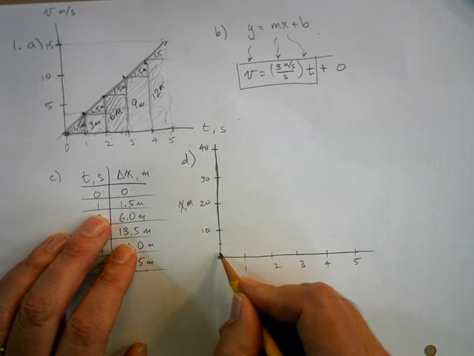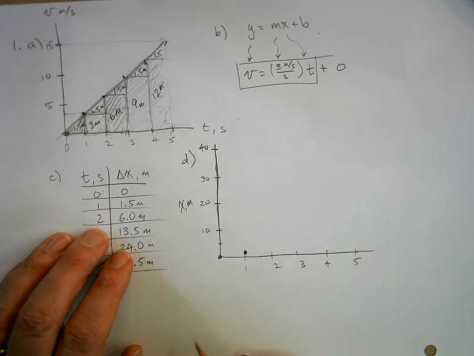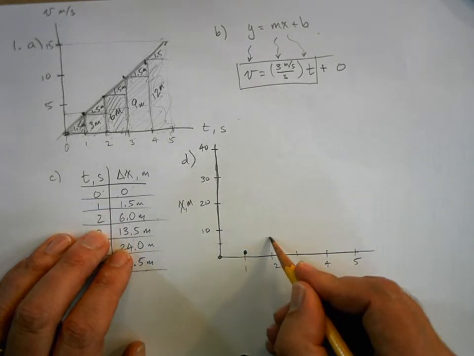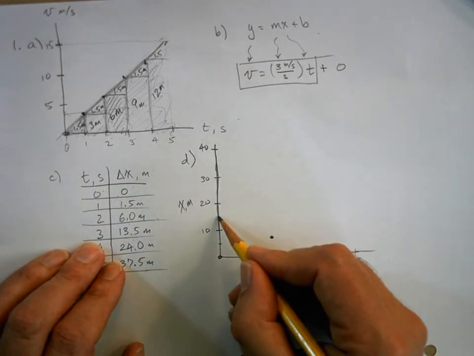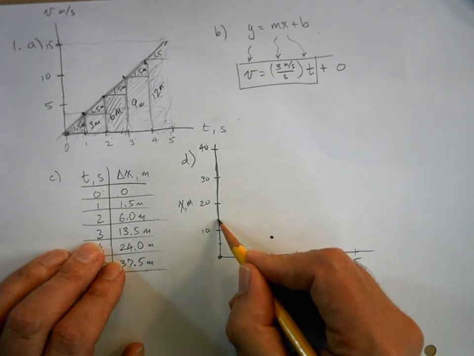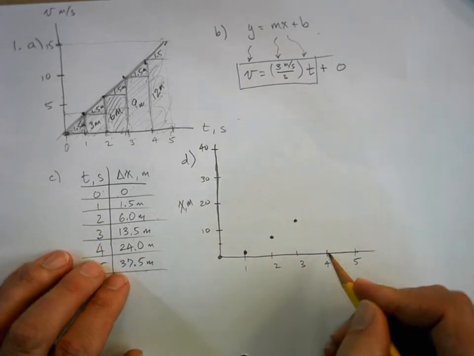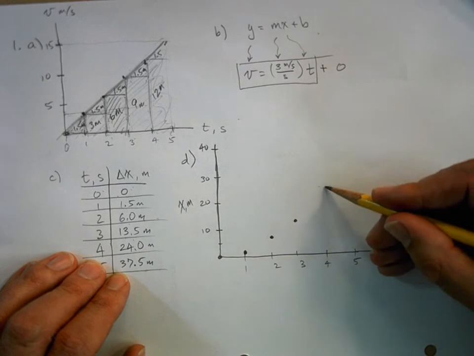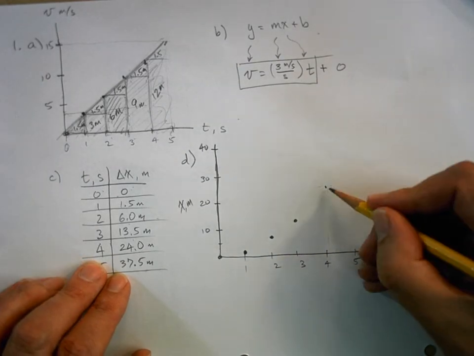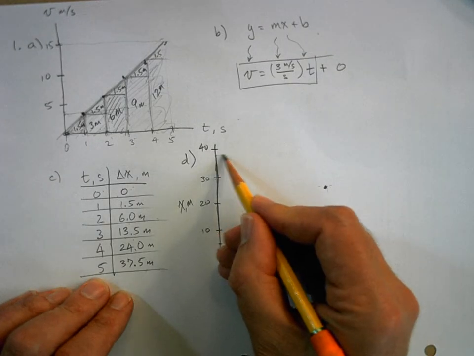So 1, 2, 3, 4, 5. So 1.5, somewhere around there. Pretty low. At 2, it's 6. At 3, it's 13.5. Here's 15, so 13.5, you're right about there. And then at 4 it's 24. And then at 5 it's 37.5, which is 3/4 of the way over, like that.